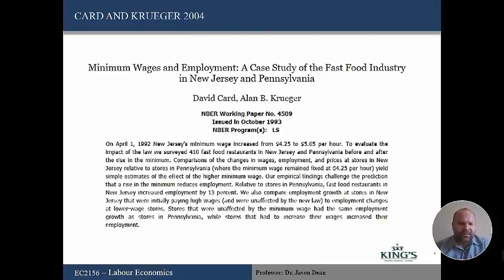And so what the authors of this study did is they surveyed 410 fast food restaurants in New Jersey and a neighboring state, Pennsylvania, before and after the rise in the minimum wage. And then they compared changes in wages, employment, and prices at stores in New Jersey relative to stores in Pennsylvania where there wasn't a minimum wage increase. And in a nutshell, the results were surprising.